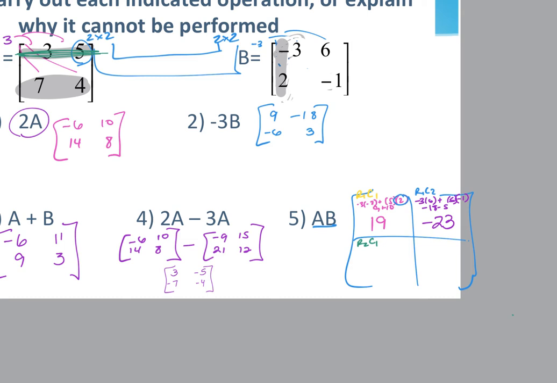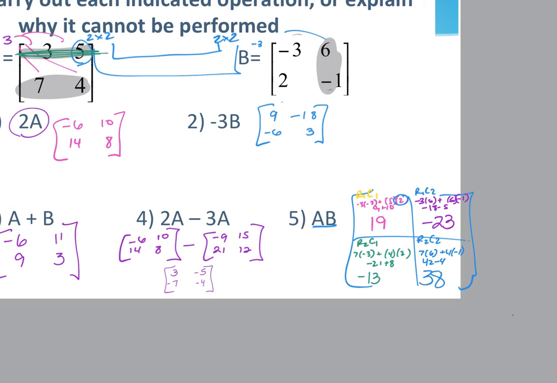Okay, row 2, column 1, which would be 7 times -3 plus 4 times 2. -21 plus 8, which is -13. And then the last one, which is row 2, column 2. I have row 2 already highlighted. I go to column 2. 7 times 6 plus 4 times -1, 42 minus 4, or 38.